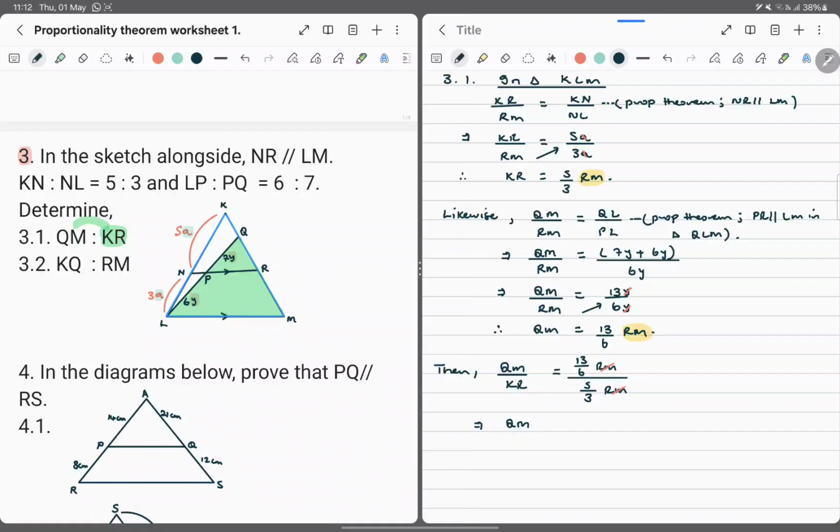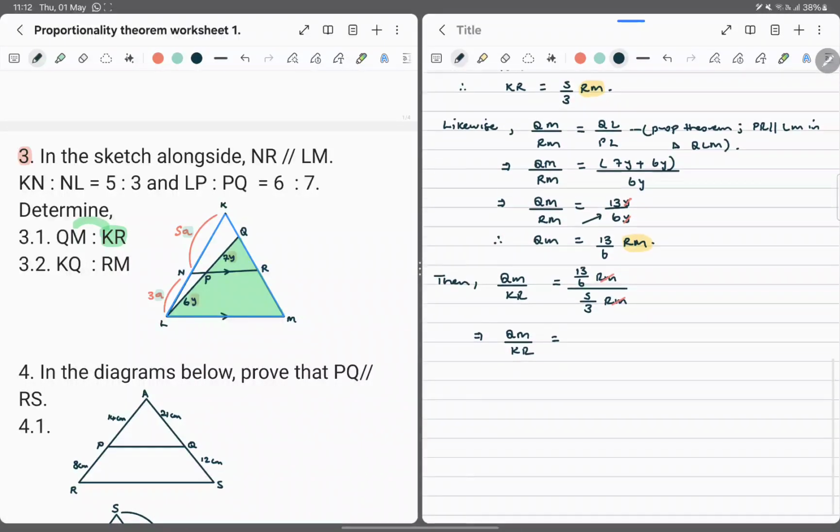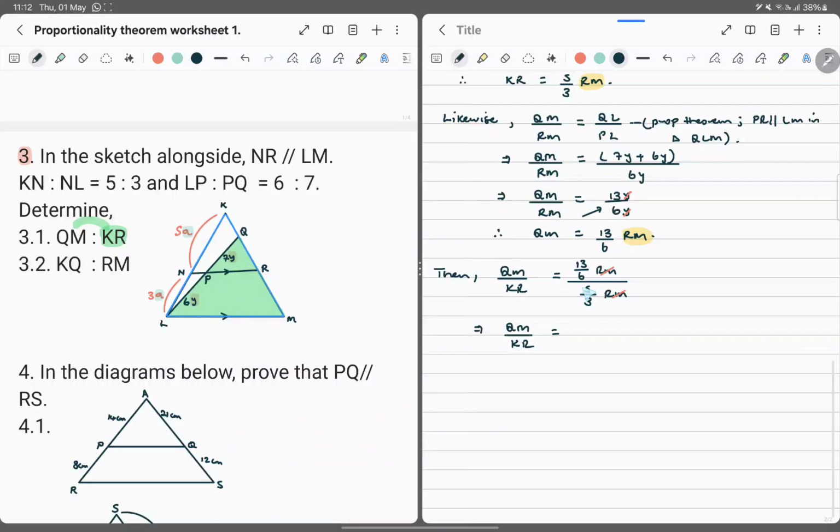So we have QM over KR is equal to, remember when we have a division, we just simply multiply 13 over 6 with this one flipped, right? So we know that 3 goes into 6 how many times? 2 times, right? And then that 2 that we remain with will multiply the 5, it becomes a 10. So this becomes 13 over 10. Okay, but again, you can put it on the calculator. Let's check.